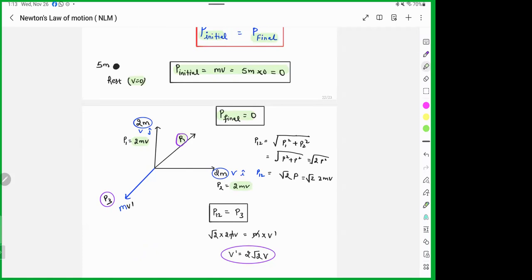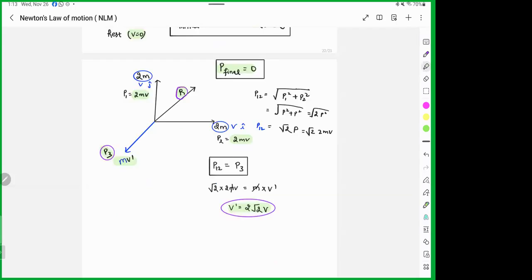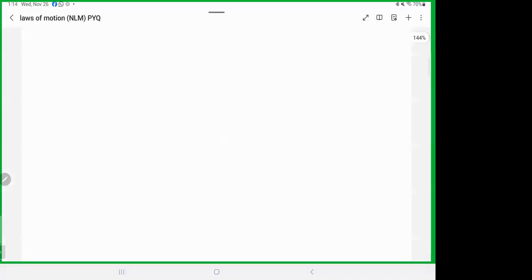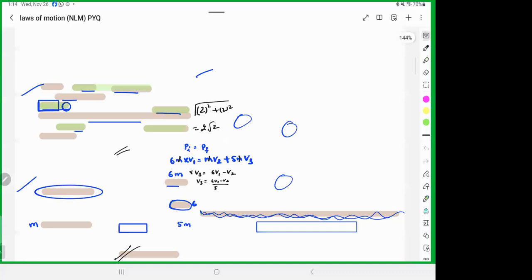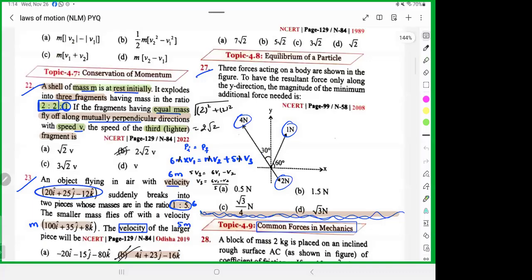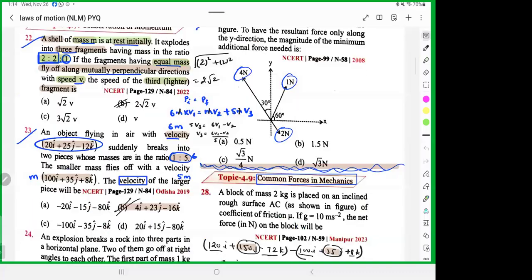The resultant will be under root. That's why we get this answer. Okay. In the second question, what happened in the same situation? Initial linear momentum will be equal to the final, and you will get the answer.